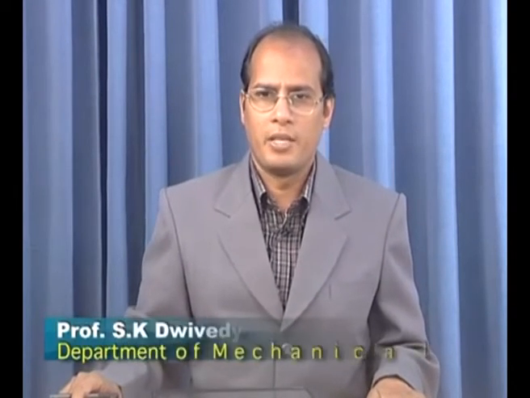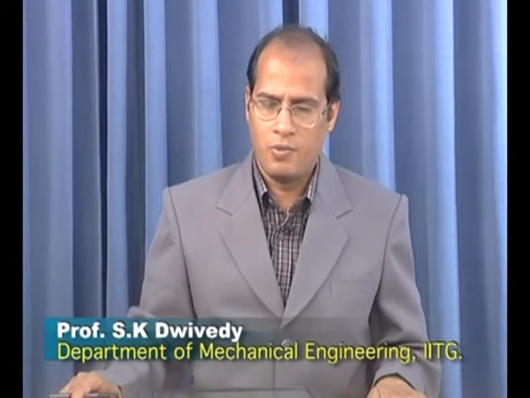Last class we studied finding the normal modes of multi degree of freedom systems from the stiffness matrix and from the flexibility matrix, and we wrote the modal matrix of the system.